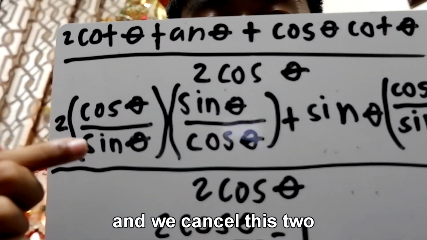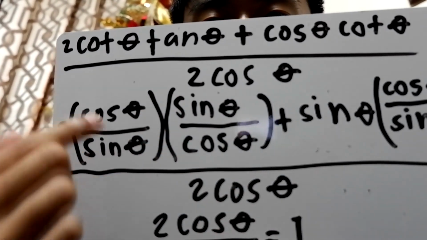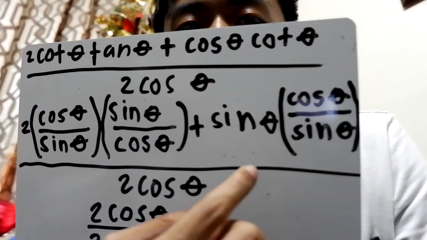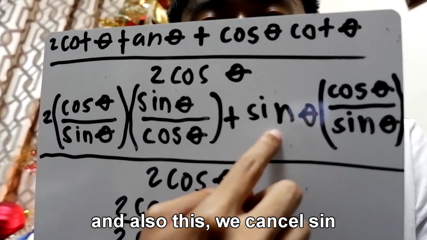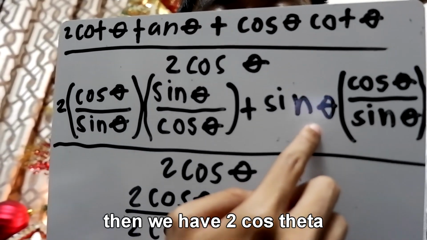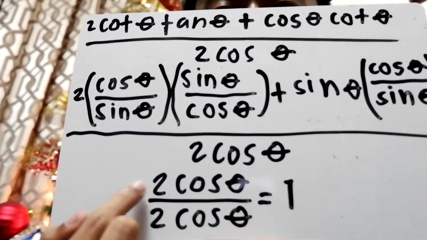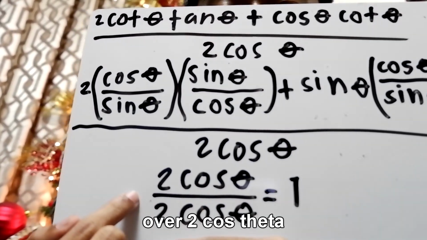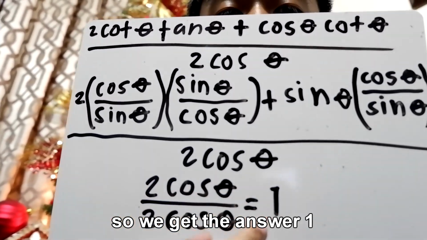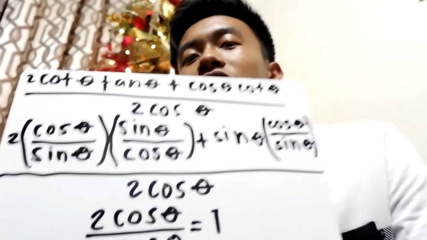We can cancel sine and sine, cosine and cosine, and also the 2 sines, then we have 2 cos over 2 cos, and we can cancel both, so we get the answer 1.